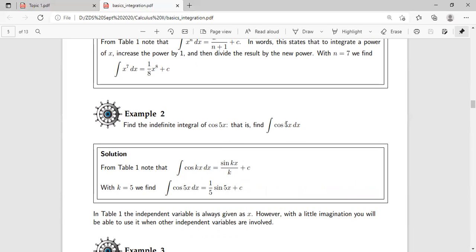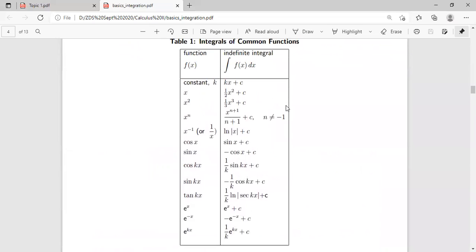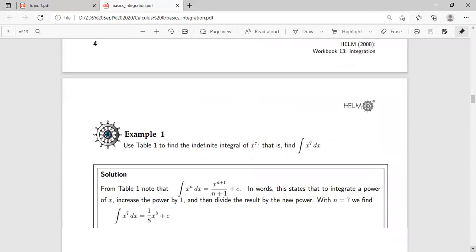If we integrate, we are going to get 1 over 5 sin 5x plus c. That will be as per the rule of cos. Go back and see we are saying cos kx integrates to 1 over k sin kx plus c. Kindly note that.